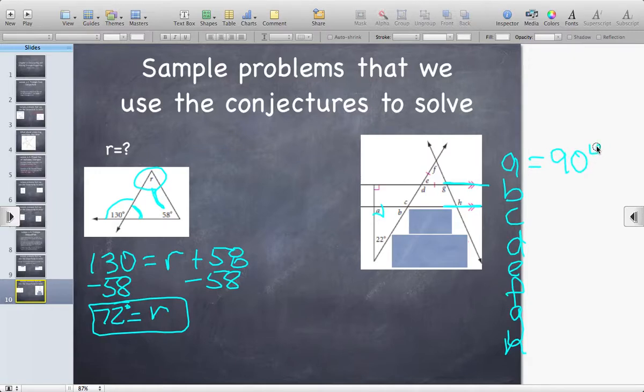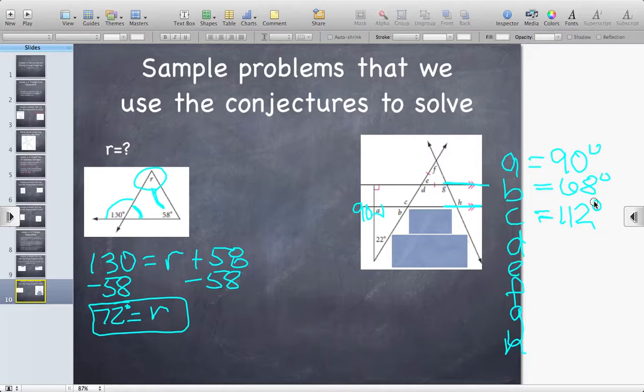Now we could use the triangle sum theorem to figure out B, or we could use the inequality measure to figure out C. I'm going to go ahead and go with that. So 90 plus 22, C is equal to 112 degrees. And then using our linear pair conjecture, we can say 180 minus 112 degrees is 68 degrees. So we figured out 3 of them.